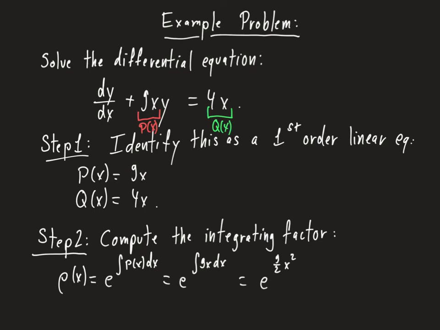Usually you'd have the plus c here, but recall that when we're calculating the integrating factor, including that plus c or not is actually going to be irrelevant to the rest of the problem.